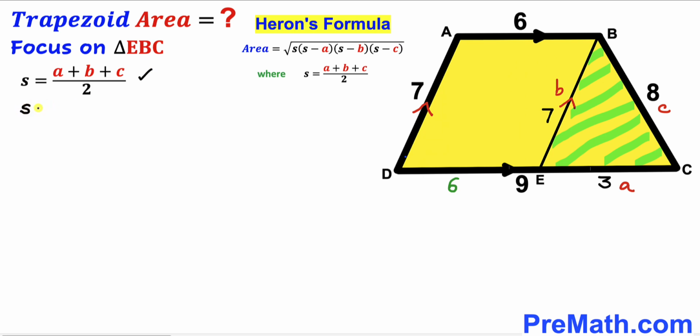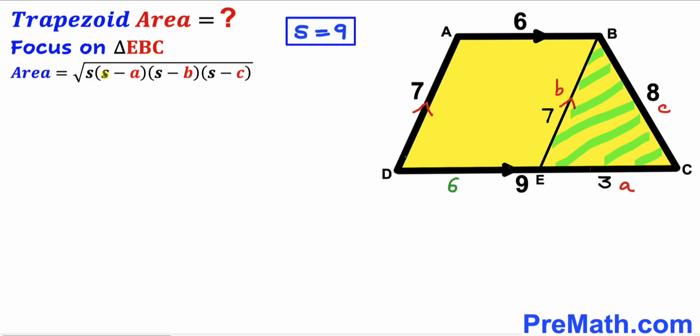So s is going to be equal to 3 plus 7 plus 8 all over 2. Let's simplify furthermore. If we add the numbers in the numerator, that is going to give us 18 divided by 2. So lowercase s turns out to be 9 units. Now we are going to fill in the blanks in this formula.